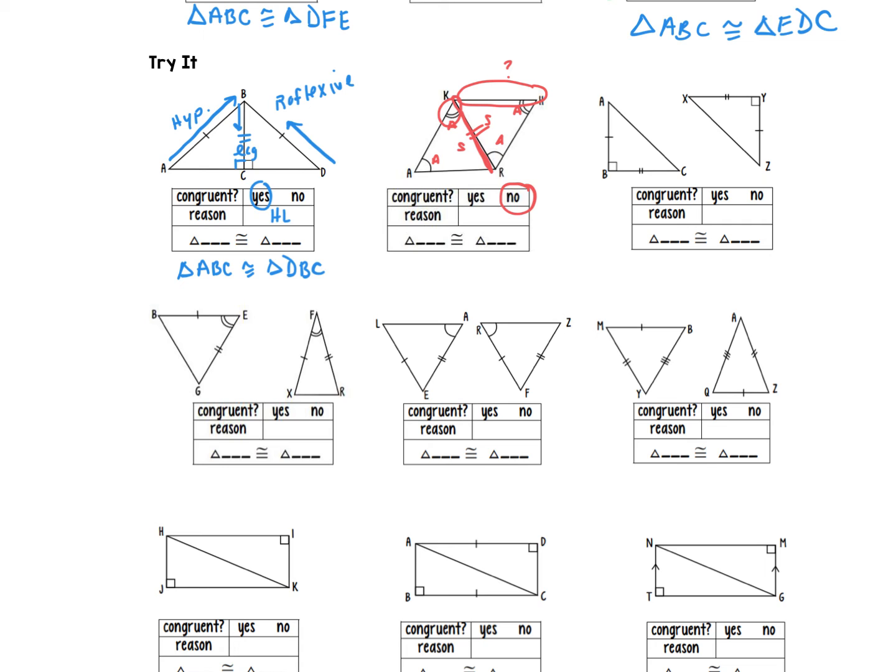All right, a common mistake in this third one is that people want to use hypotenuse leg because they're right triangles, right? We are just going to use side, angle, side for this one. This side, that's a leg, is congruent to this side, which is also a leg. The angles are congruent because they're both 90-degree angles. And then we have another pair of sides that are congruent, and those are also legs.